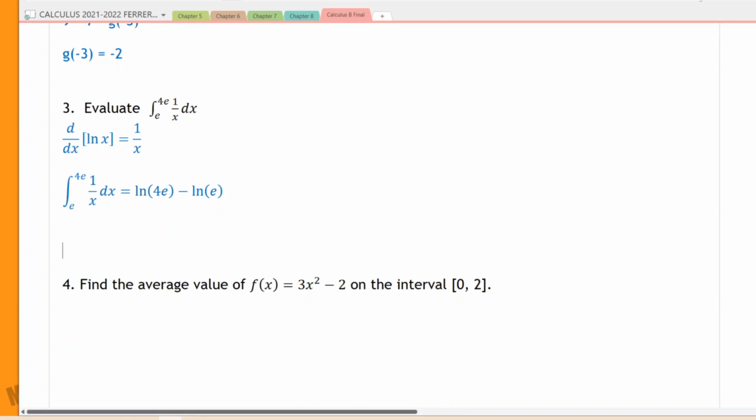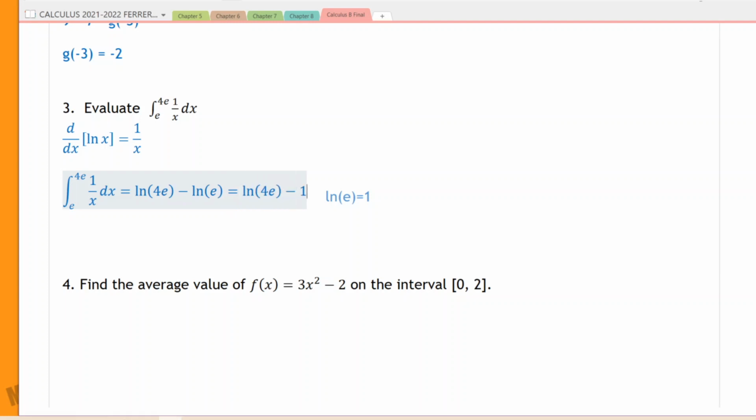Now, to successfully complete this problem, we do need to know that the natural log of e is equal to 1. So we can make that substitution pretty quickly. So this is going to be equal to the natural log of 4e minus 1.